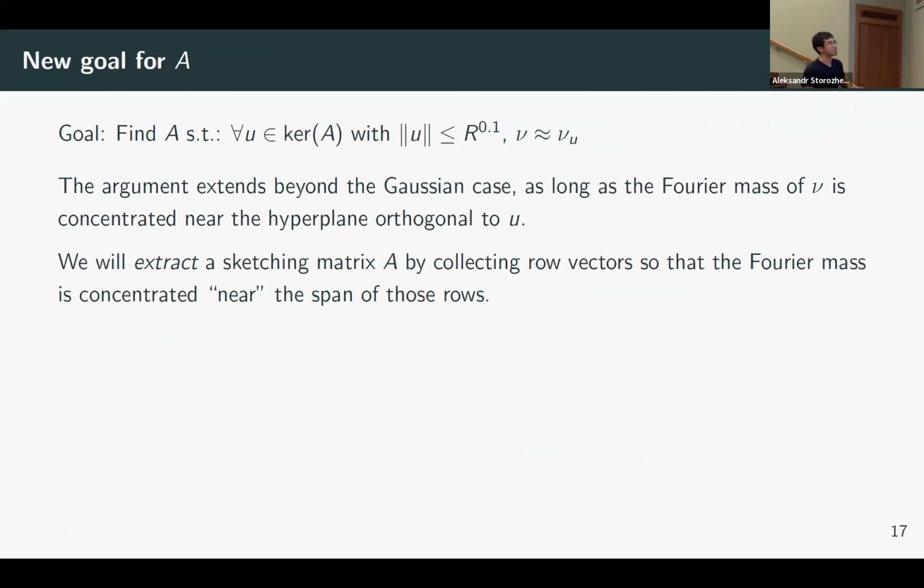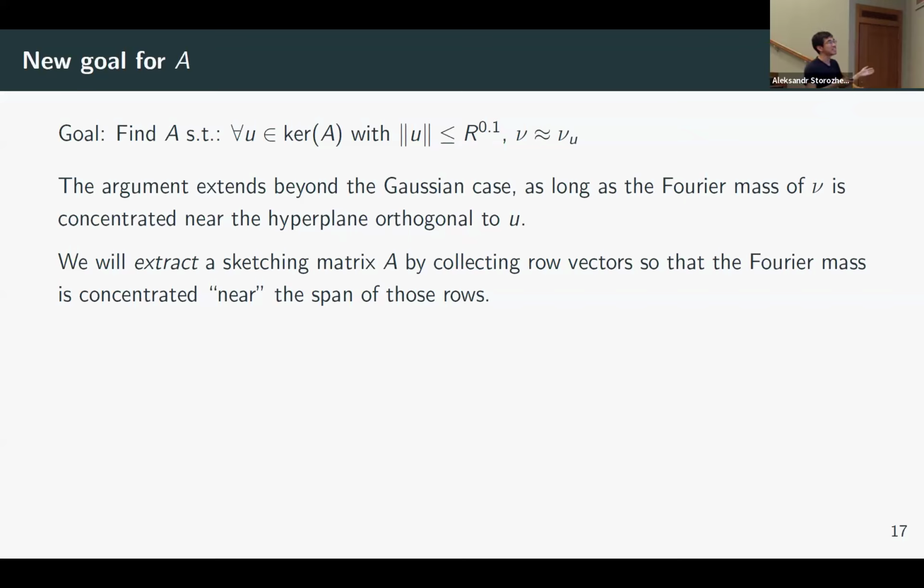Okay, so what this means is that we would like to extract a sketching matrix by collecting the row vectors to be the vectors psi with high Fourier mass, so that everything with high Fourier mass is concentrated around the span of these rows. Okay?